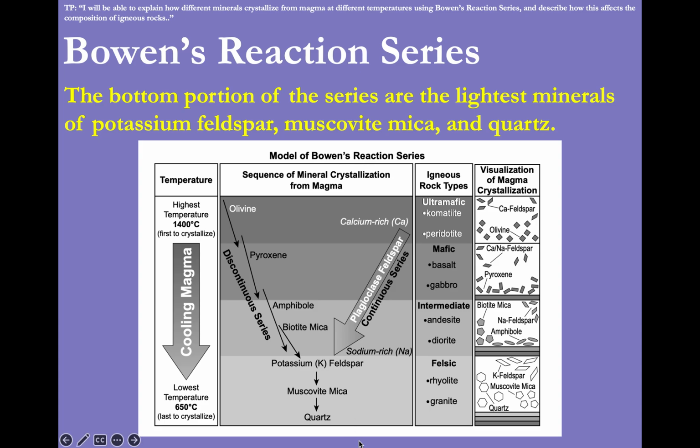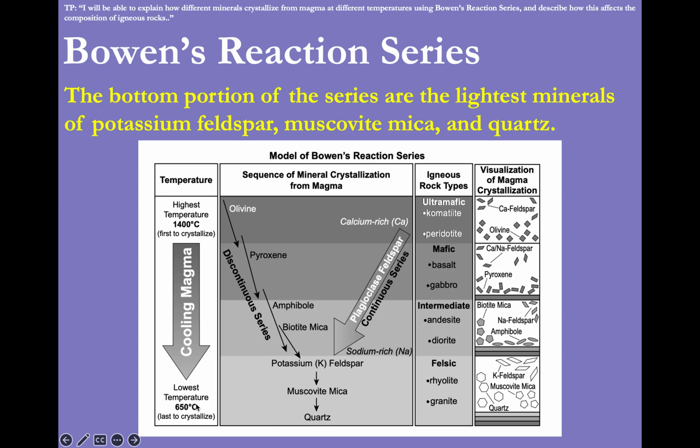The bottom portion, I call this the bottom series. I guess it's still kind of discontinuous, right? Because you have three different minerals, but the bottom portion of the series are the lightest minerals in color: potassium feldspar or K feldspar, muscovite mica, and then quartz.